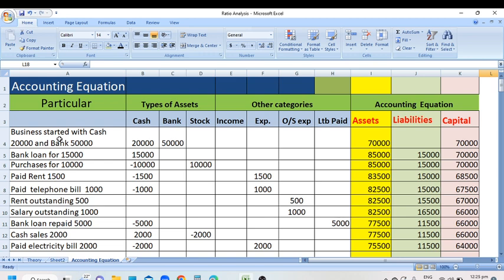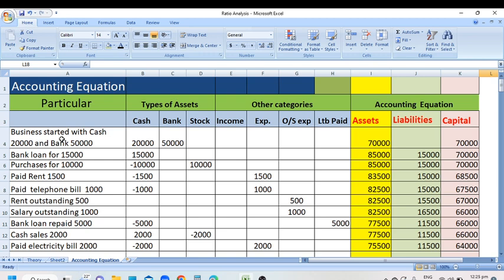You can say that outstanding expenses haven't been paid yet, so how do you consider them in the capital? But I told you it doesn't matter whether it's future or current, the capital is always affected, because we're definitely going to pay it in the future. We are not running away from these expenses, we have to pay that.